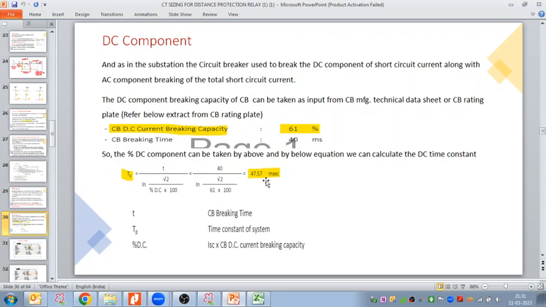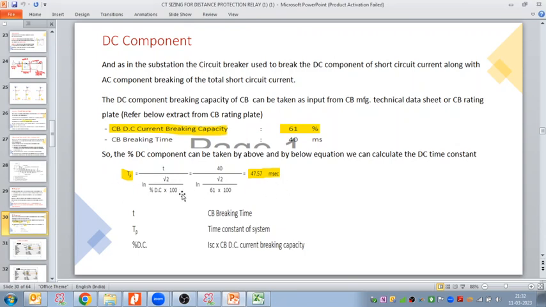So for the initial two or two and a half cycles, your fault current will have the DC component, and after two and a half or three cycles, the short circuit current will have only the AC component, because after 47.5 millisecond the DC component is decayed.